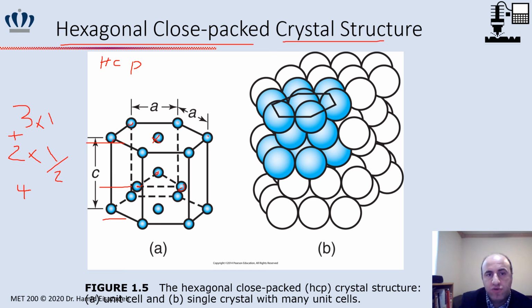But we have these corners. If we do the calculation for these, definitely it's going to be more than 4. So FCC had 4, and BCC had I think 2. So HCP has more atoms inside the unit cell among these 3 units we explained here.